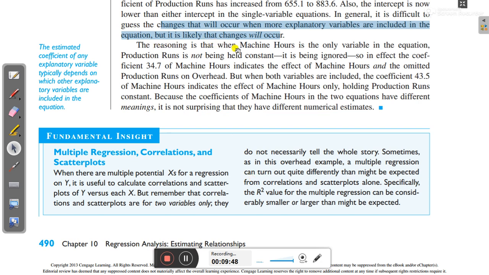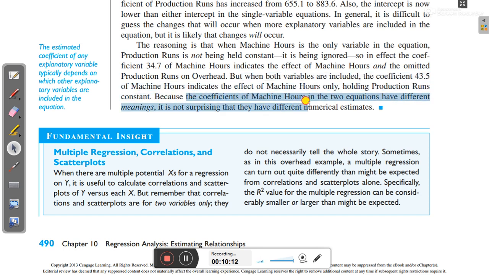The reasoning is that when machine hours is the only variable in the equation, production runs is not being held constant, it is being ignored. So in effect, the coefficient 34.7 of machine hours indicates the effect of machine hours and the omitted production runs on overhead. But when both variables are included, the coefficient 43.5 of machine hours indicates the effect of machine hours only, holding production runs constant.